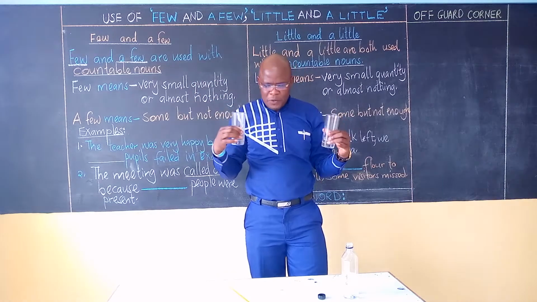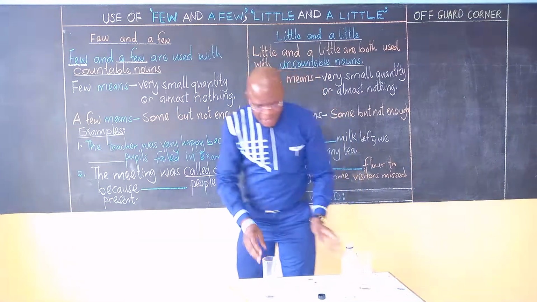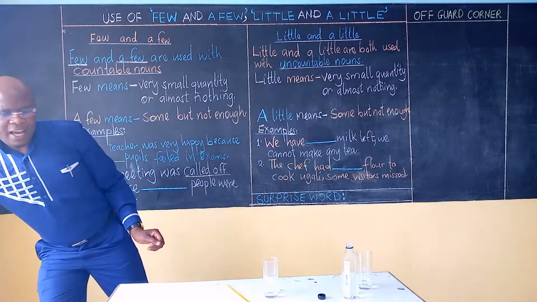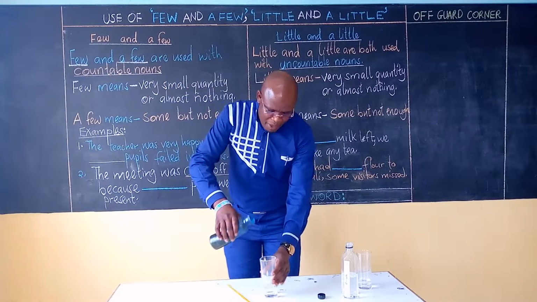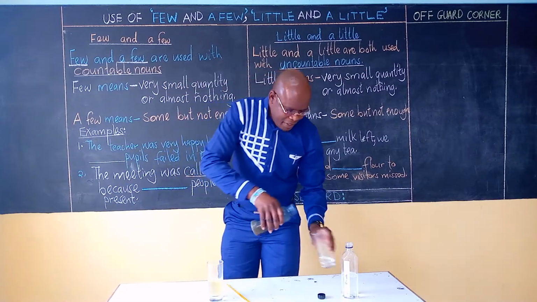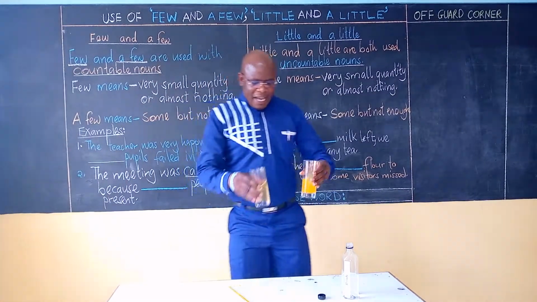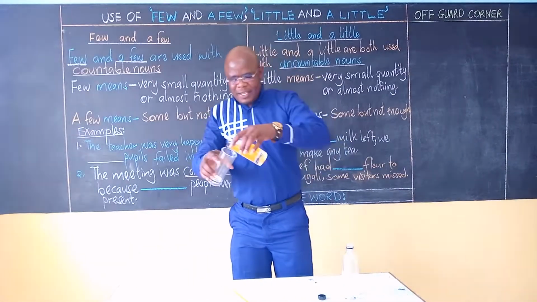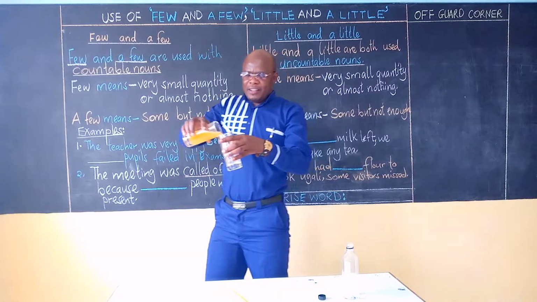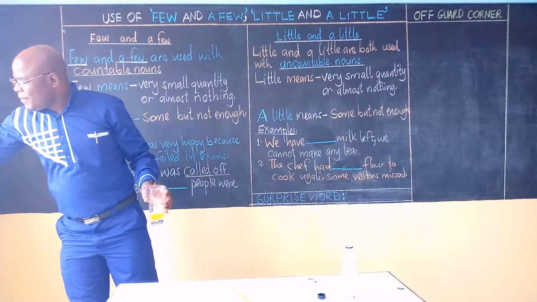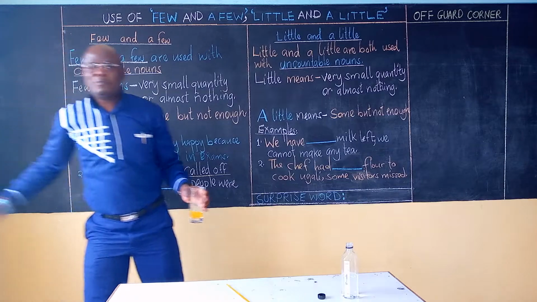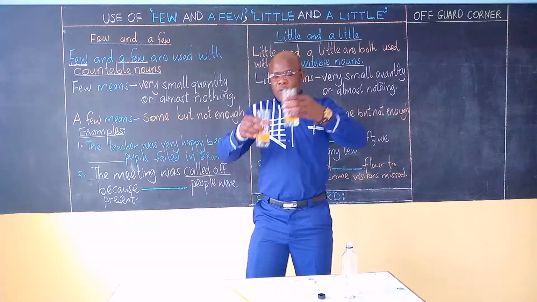Maybe I should add something to give it a bit of color, so that when I show it to you on a clear glass, you can see it very well.